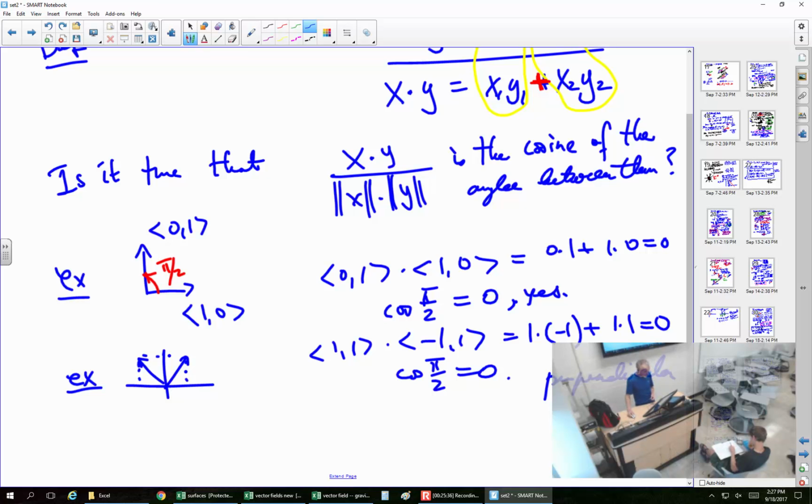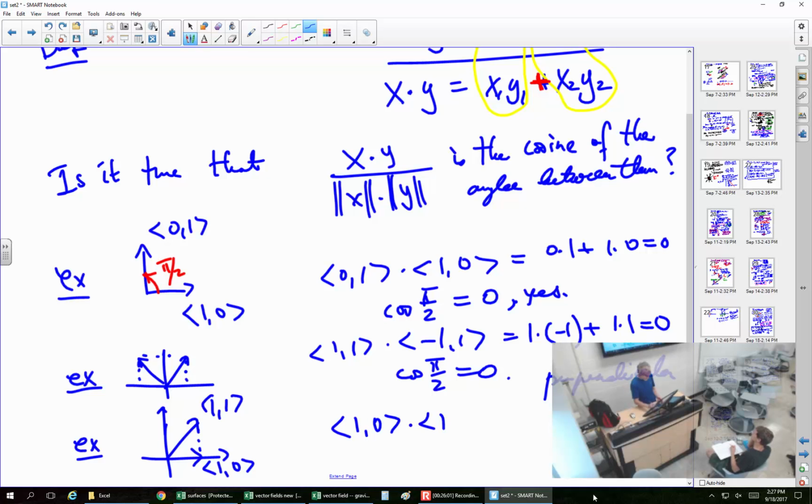One more example. What if we have 45 degrees? So I have, say, 1, 1, and I'm comparing it to 1, 0. Then what I have here is I'm multiplying 1, 0 times 1, 1.